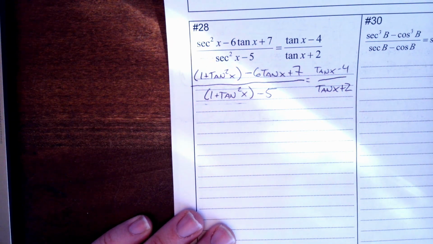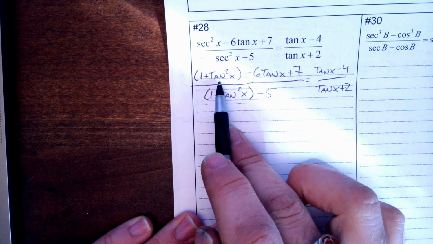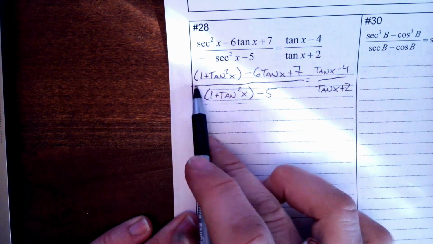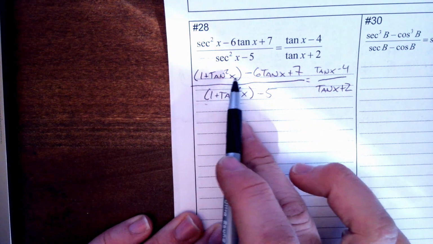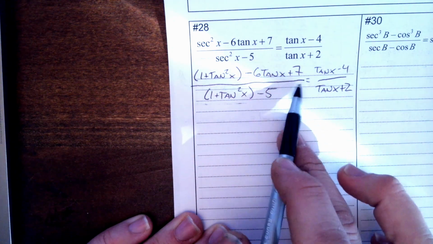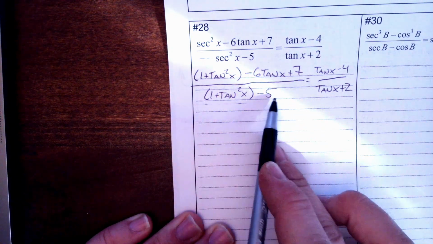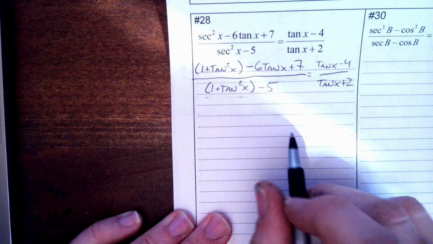Again, we don't really need these parentheses here because we're just adding and subtracting. We're subtracting from this set of parentheses, so we can just treat everything as a positive 1, still a negative 6 tangent, and positive 7, 1 minus 5. So let's simplify those a little bit.